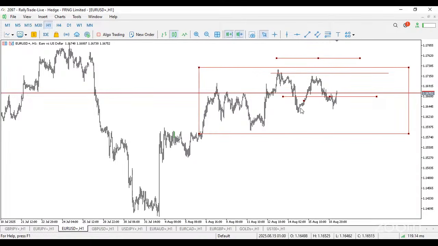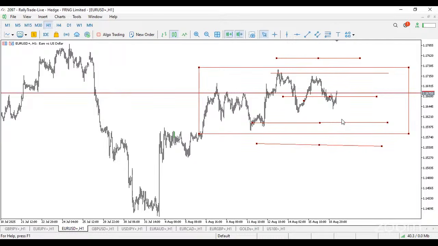Then for a buy, if you're buying the consolidation, just buy at the bottom. So the buy limit will be down here, and the stop loss will be around here, at the middle. So for a consolidating market like EuroUSD, to trade in between the box, just sell at the top and buy at the bottom.